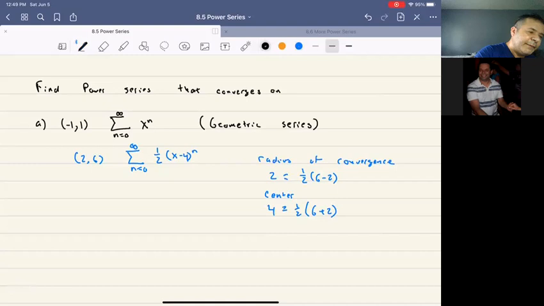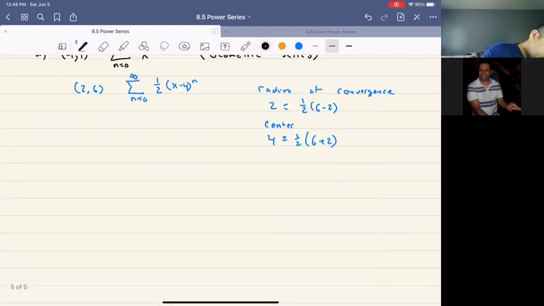All right, let's go with B. It's asking us for a power series that converges on -1 to 1, which includes the 1 on the right endpoint, but not the -1 at the left endpoint. Well, we're going to use a p-series here.